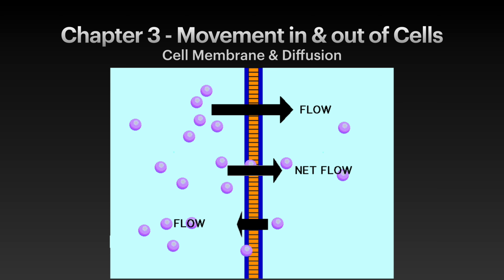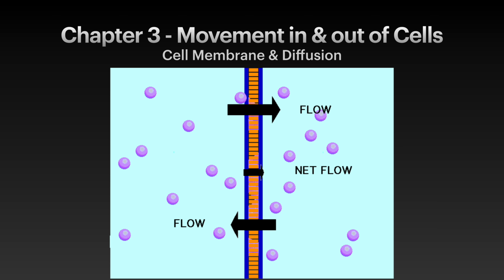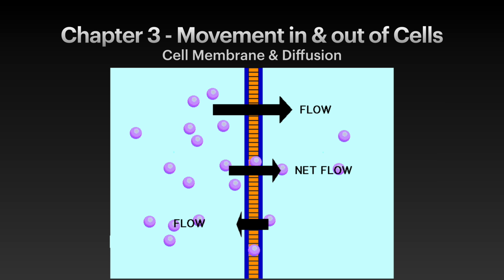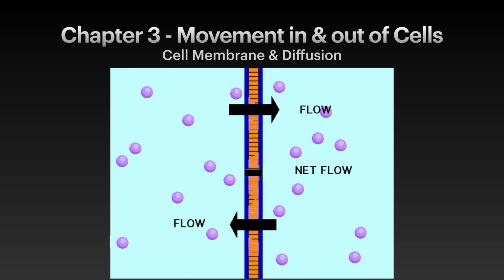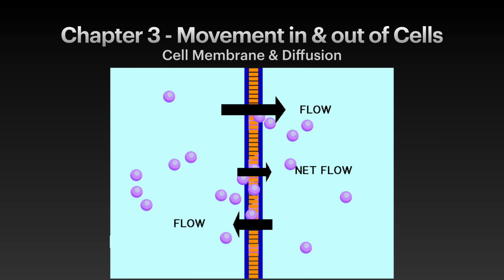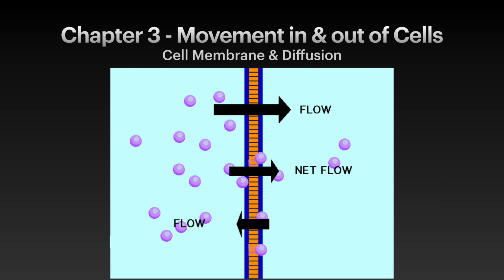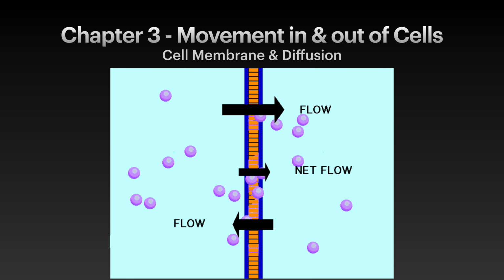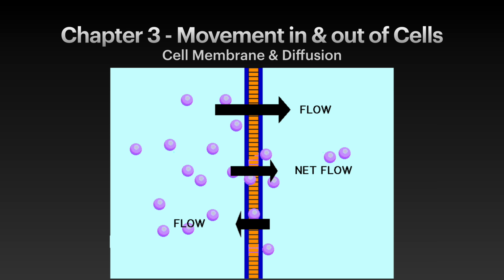Now let's see how diffusion occurs in a cell membrane. The cell membrane is partially permeable, which means it allows some substances to pass through, but not others. Small molecules like oxygen, carbon dioxide, and glucose can diffuse through the membrane, but larger molecules such as starch cannot.